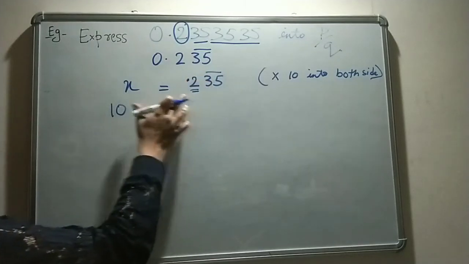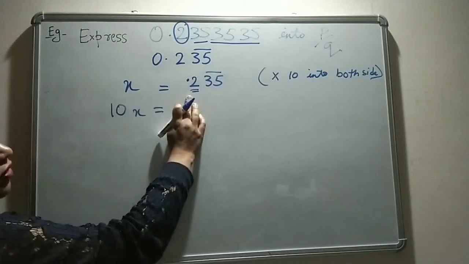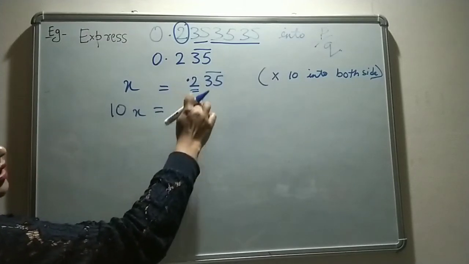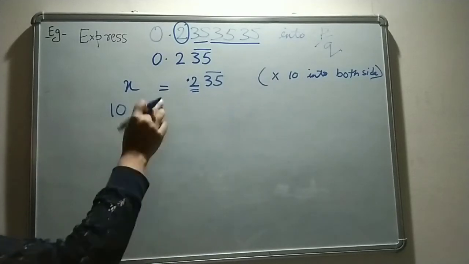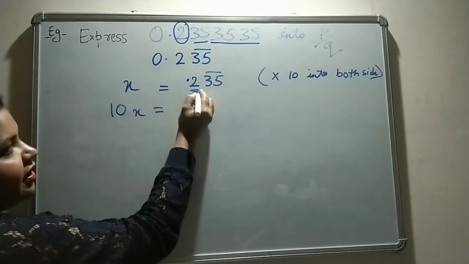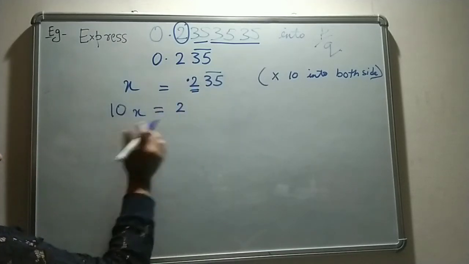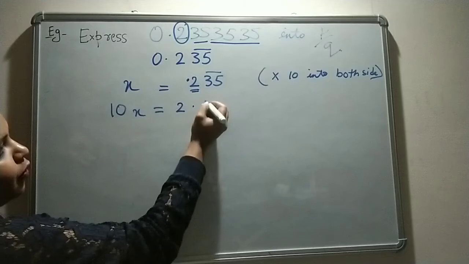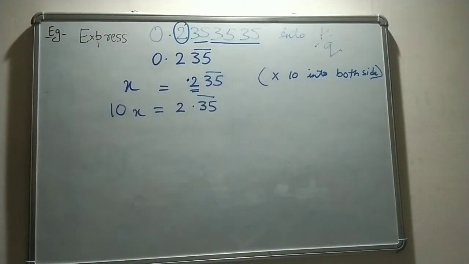So we multiply by 10. If it was written 0.21353535, we would multiply by 100. But here only one digit is there, so to take it outside the decimal point we multiply by 10, and the value becomes like this.